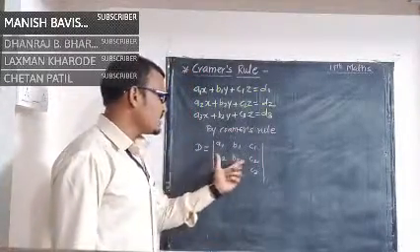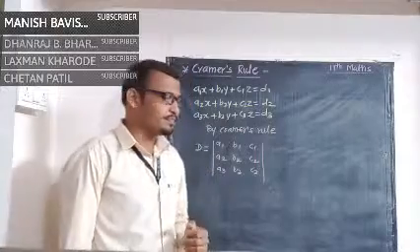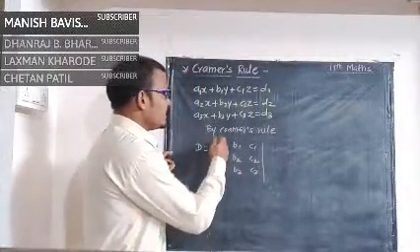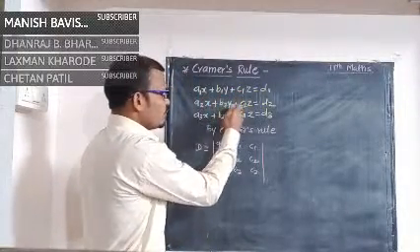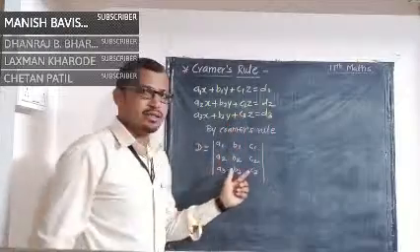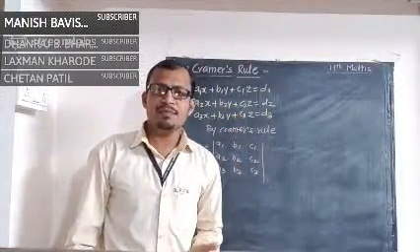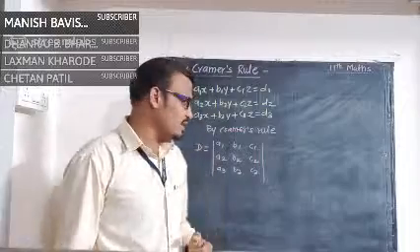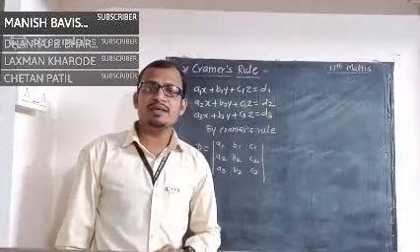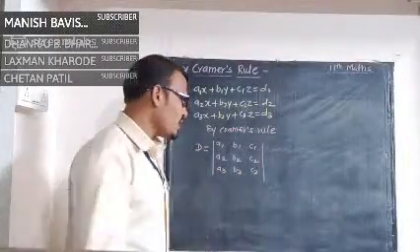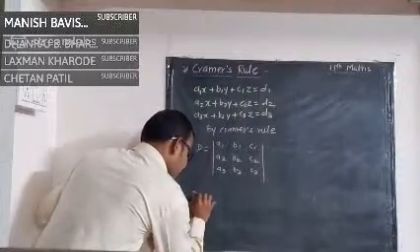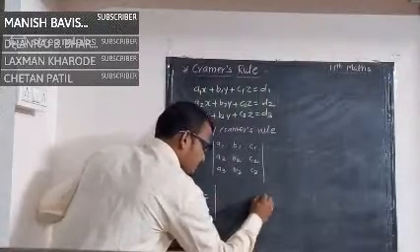Okay, so this is our first determinant, determinant D. Determinant D is nothing but a1, b1, c1, a2, b2, c2 and a3, b3, c3, where all ai, bi, ci are constants, or you can say they are real numbers. Then what is our next determinant? Our next determinant is determinant dx.